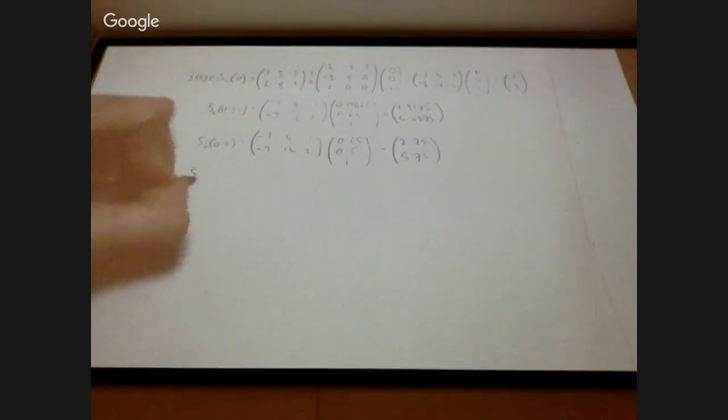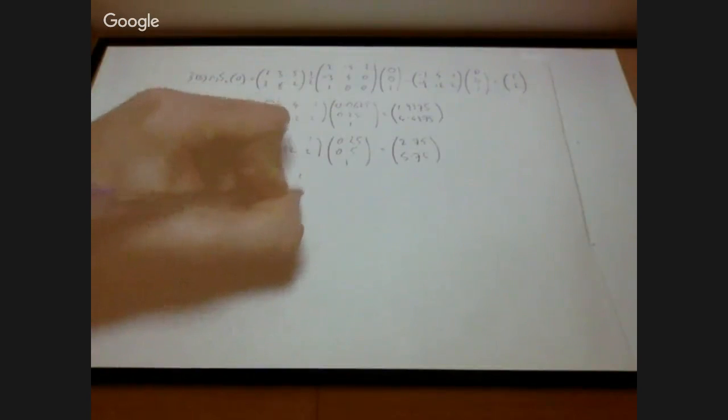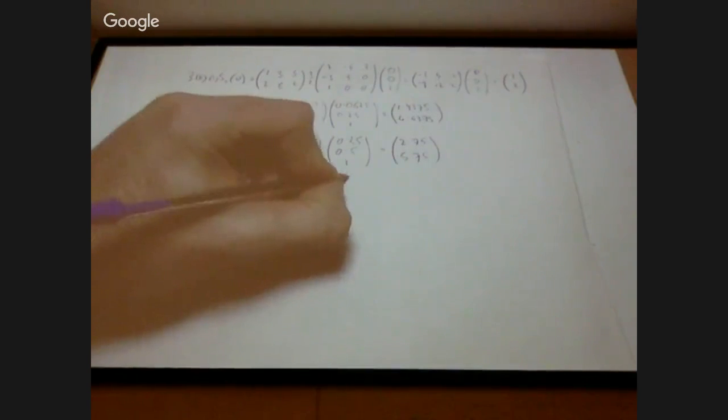Okay, and finally, 0.75. What's 0.75 squared? 0.5625.